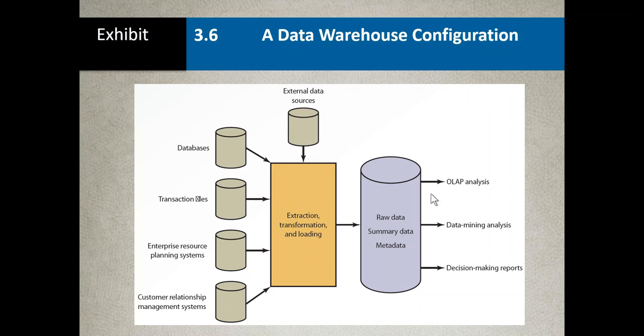From there, you can create a new data set from a variety of these different warehouse data. And this would be an online analytical analysis that could be done. From there, you can also do data mining analysis, a term you've probably heard of.